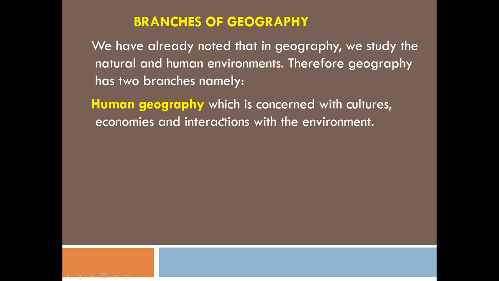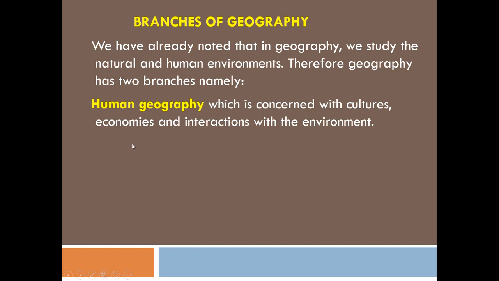Human geography is concerned with the cultures and the economies, the activities which man is doing in different areas. For example, we have an agriculture economy. People engage in crop cultivation and livestock rearing. We have an industrial economy. People engage in setting up industries. We have a tourist economy.